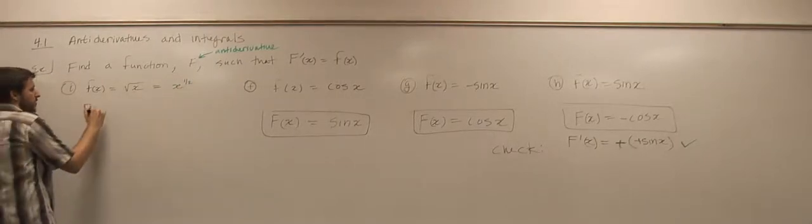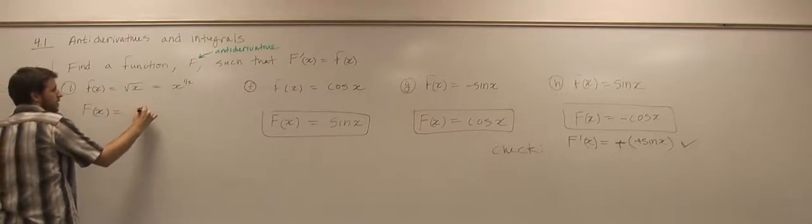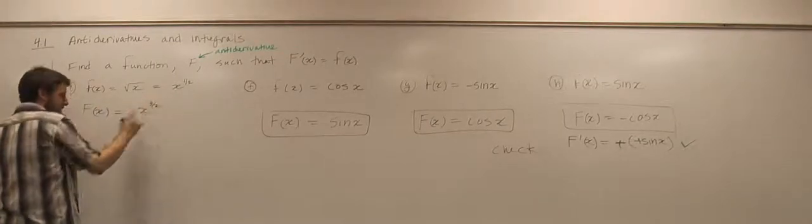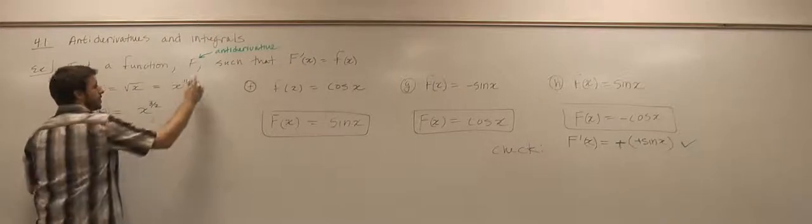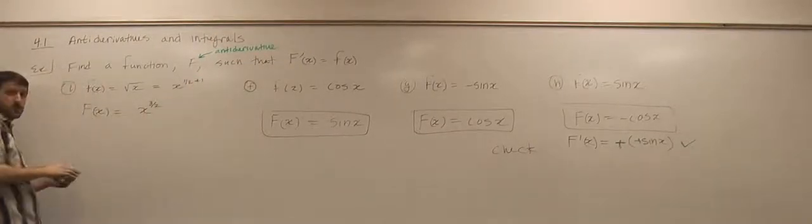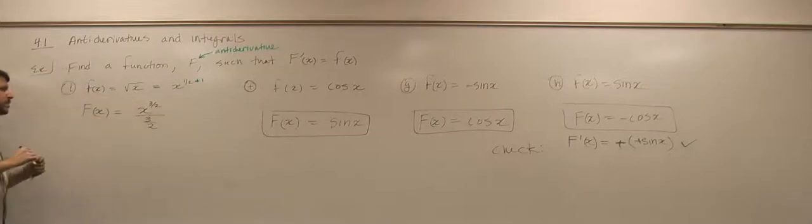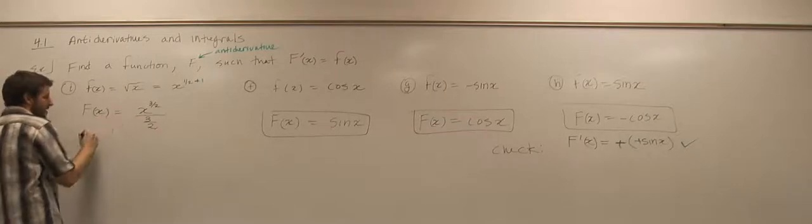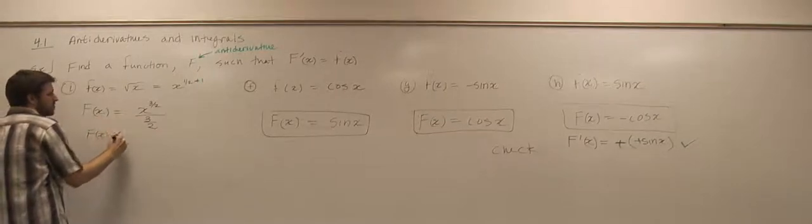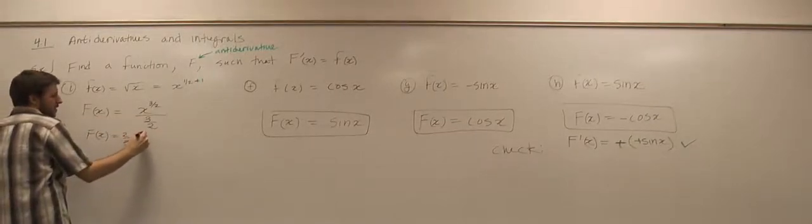So the antiderivative will be x to the 3 halves, because you add 1, over 3 halves. You divide by the same power. Which is kind of funny to write, because you have a fraction in the denominator. So I'd probably flip it up to 2/3.